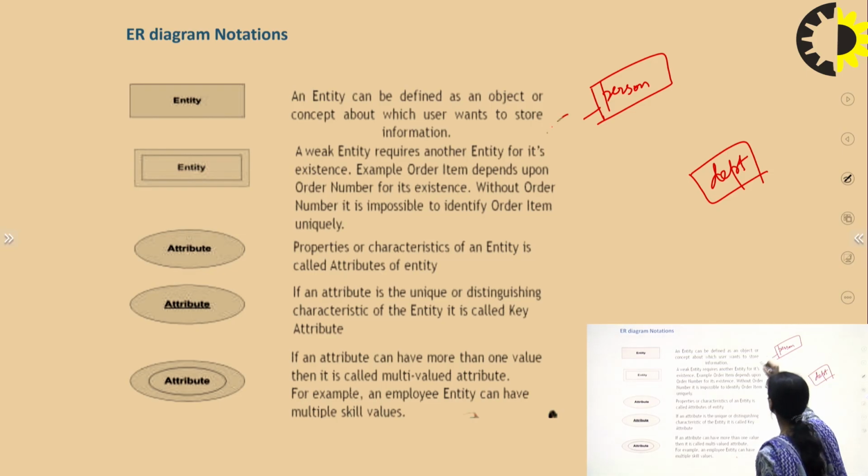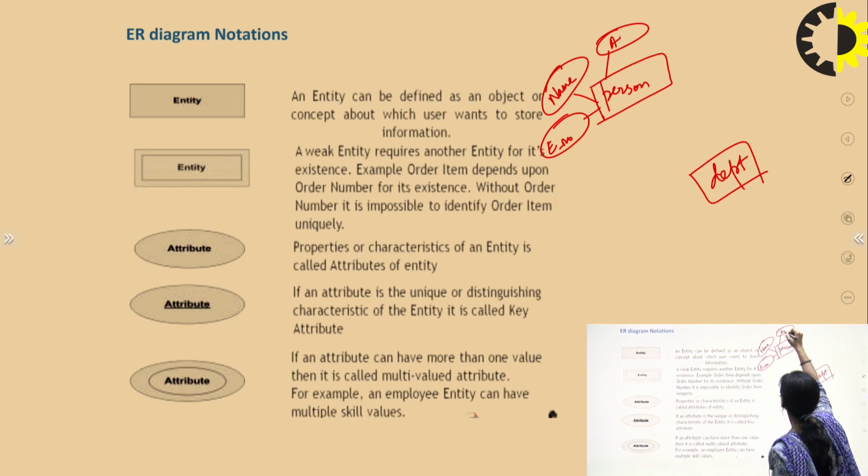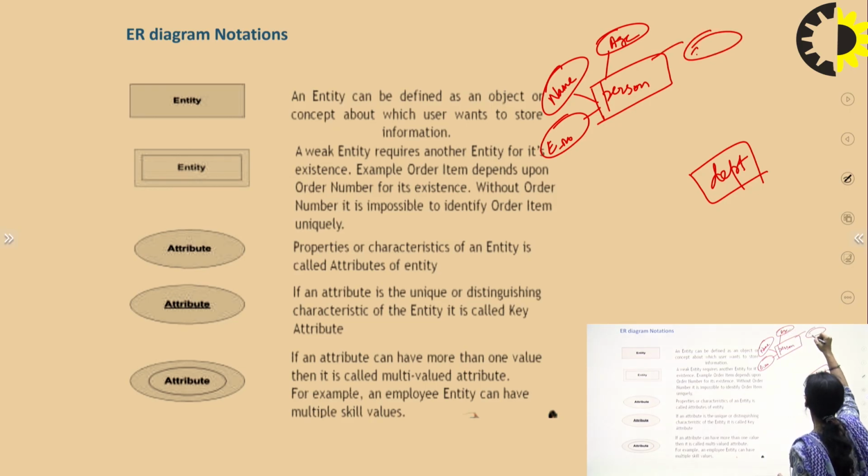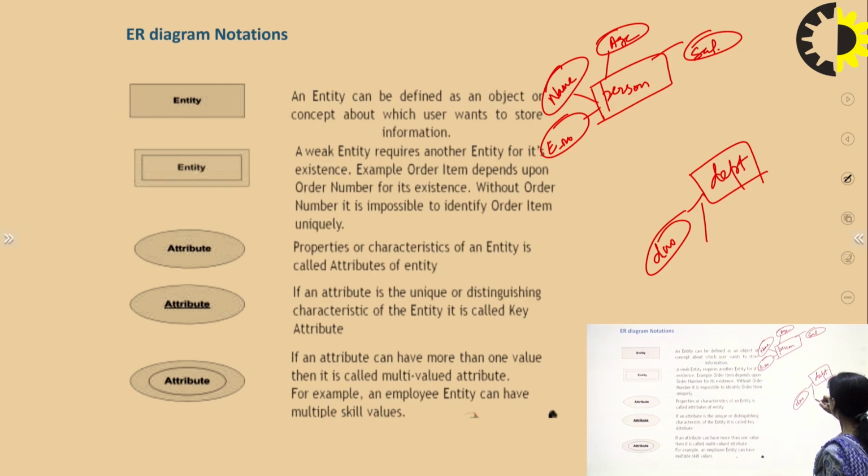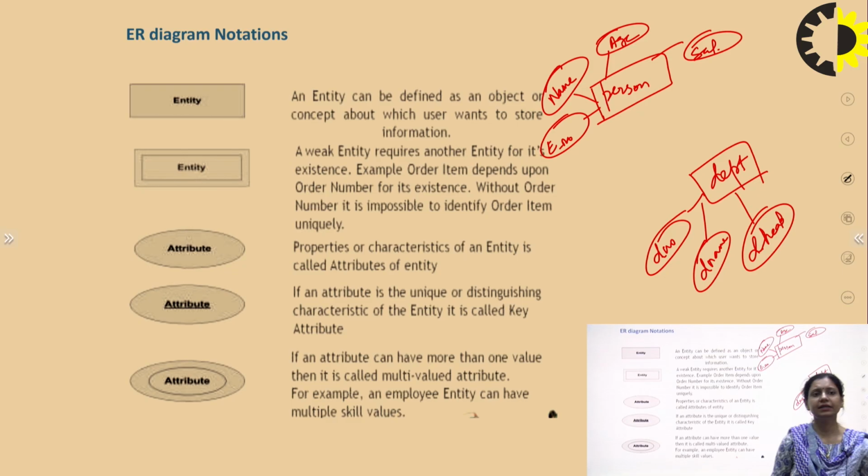Suppose this person will have the employee number, his name, the age, salary, etc. Similarly, for the department, we'll have the department number, the department name, the department head, and so on. So, every entity will have certain attributes through which we can identify that entity.